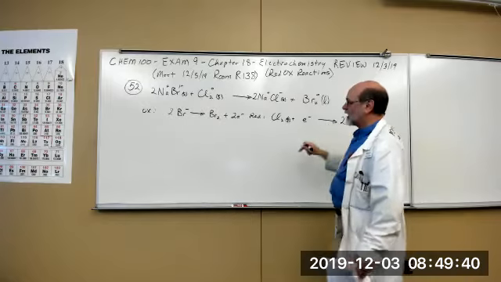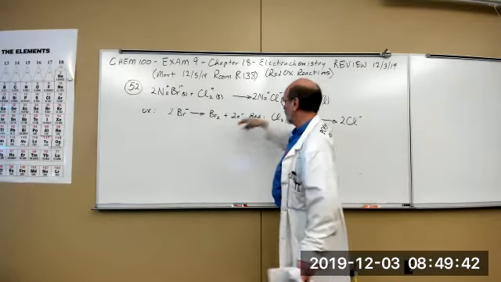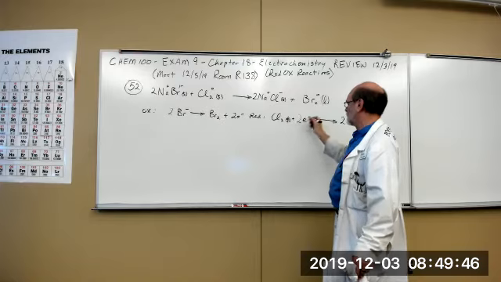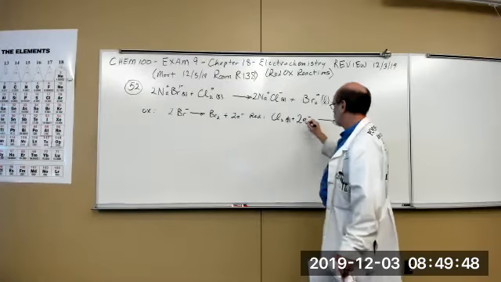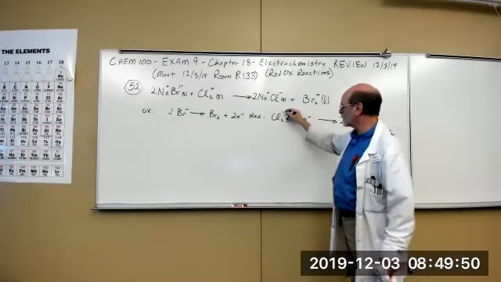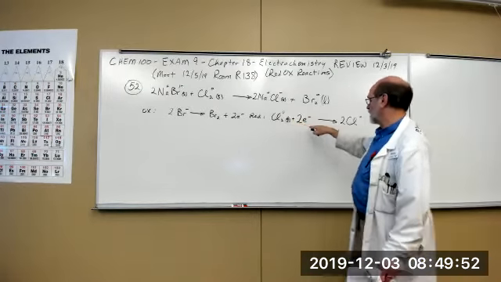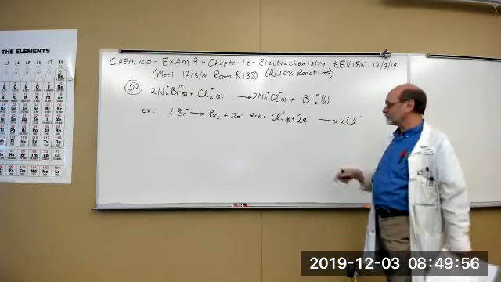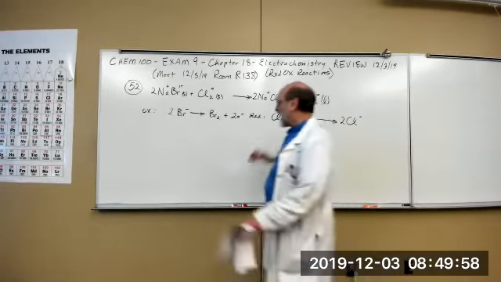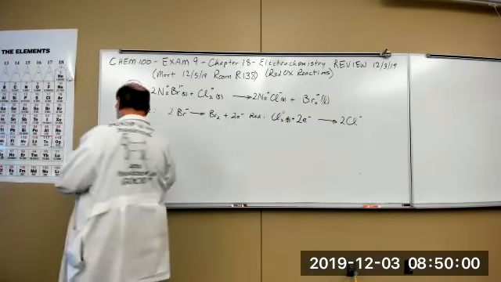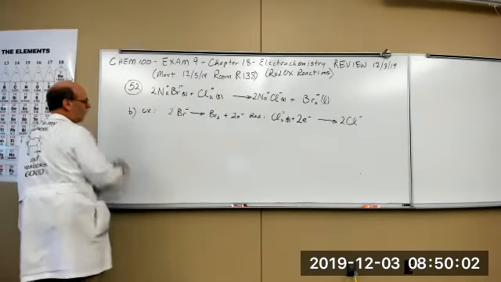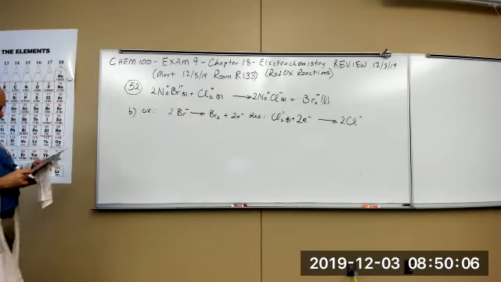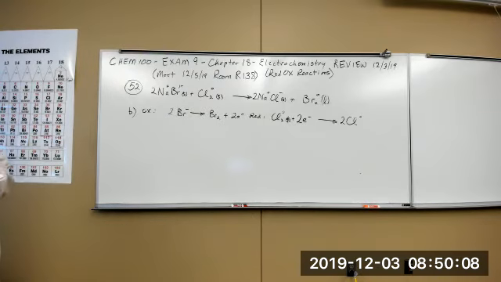And this one has to have the same number of electrons on this side as that one. Let's see if that works. If this is 0 for both of them, add 1 electron each, you get a negative for each one. So that's the answer, and it turns out that that's B.